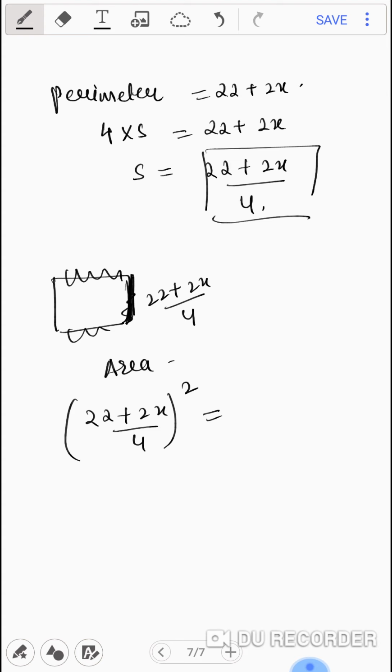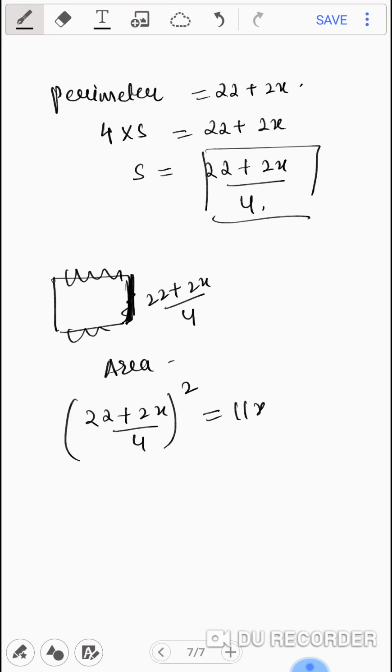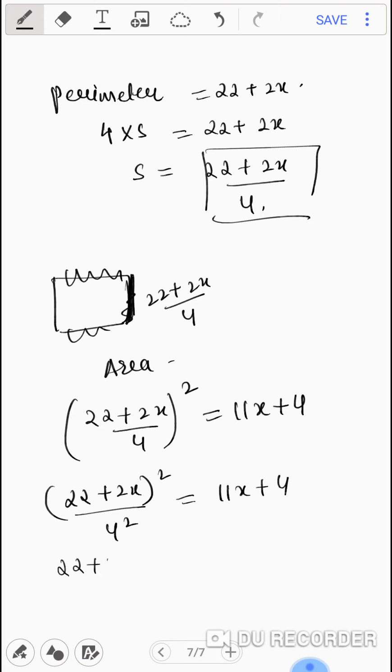But we have written area of square is 4 more than the area of rectangle, that is 11x plus 4. So I'll equate this with 11x plus 4. 22 plus 2x the whole square upon 4 square is equal to 11x plus 4, so 22 plus 2x the whole square upon 16 is equal to 11x plus 4.